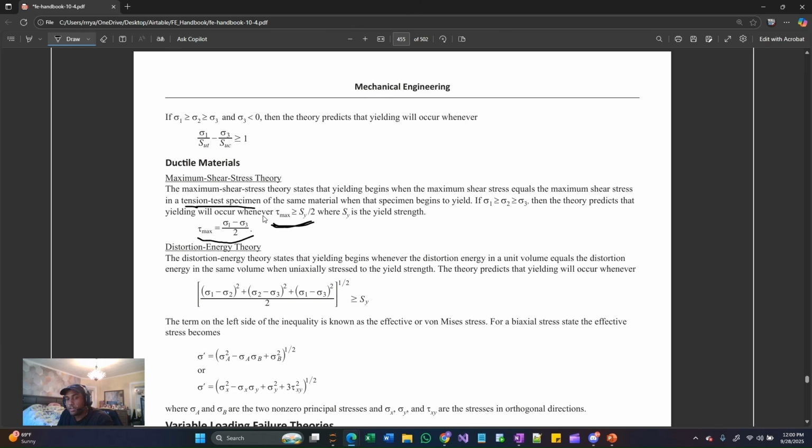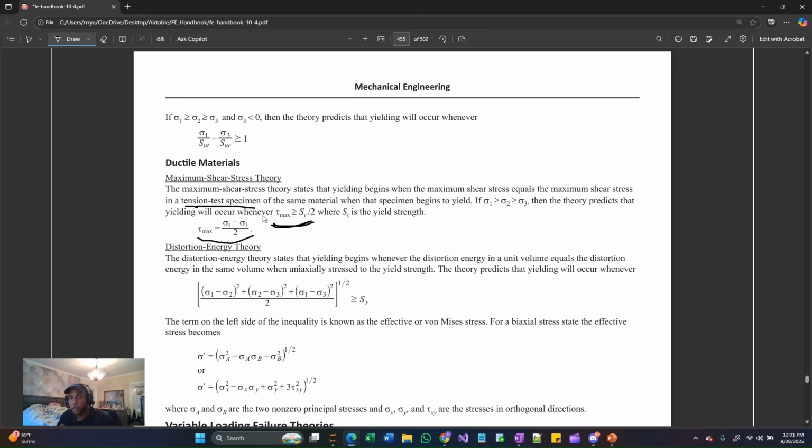We just took the difference between sigma 1, which is our largest first principal stress, and sigma 3, our smallest principal stress, which was 0 for our case. And in that special case where you have just pure uniaxial loading, just sigma 1, and sigma 2 and 3 are 0, then we simply compare the first principal stress to the yield strength for this failure criteria. So it became more simplified in this case.